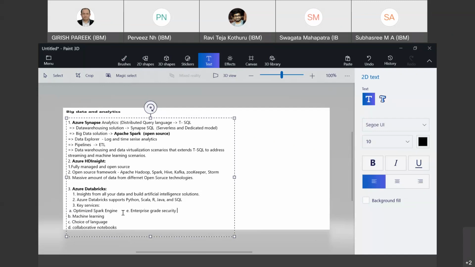So to avoid that, you will be able to use Azure Databricks. So that also helps you. Even if you are using different technologies and different languages, you still will be able to enjoy the enterprise grade security.